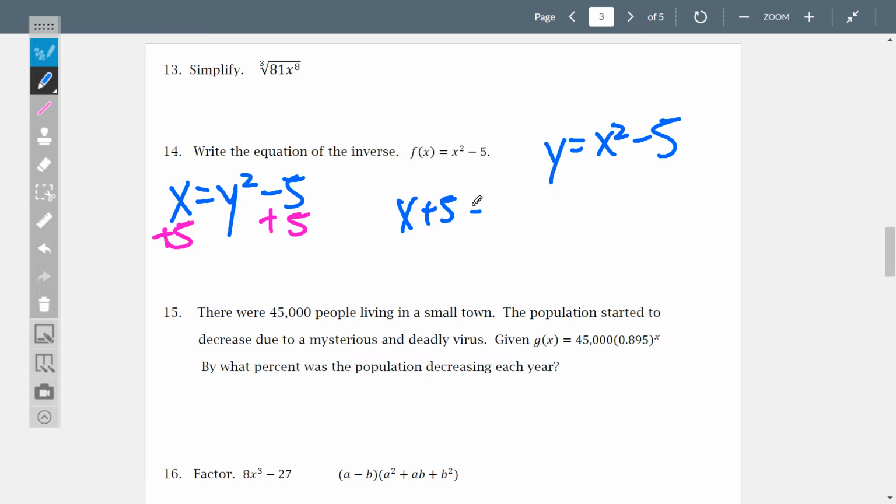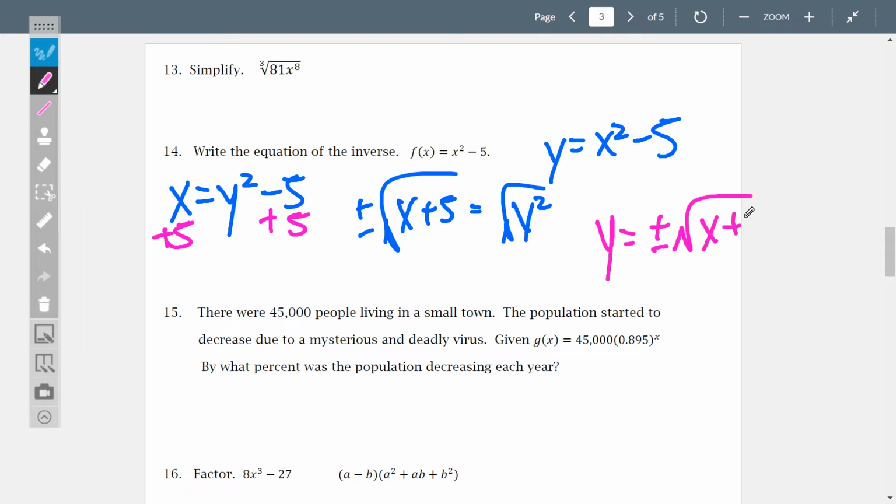So x plus 5 equals y squared. Square root both sides. Don't forget plus or minus when you do a square root. So we get our inverse function, which is plus or minus the square root of x plus 5. Okay, so we need to write it the correct way. So f inverse of x is plus or minus the square root of x plus 5.